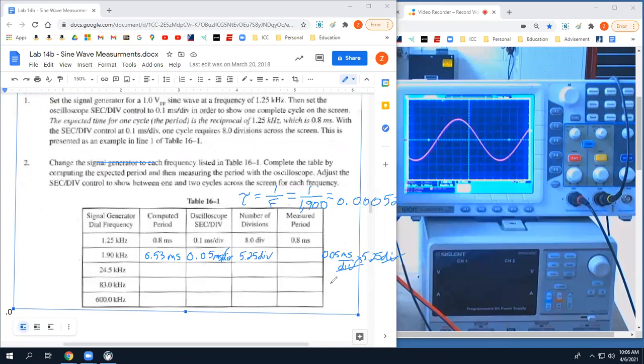That cancels, and what I'm left with is 0.05 times 5.25 equals 0.2625 milliseconds.